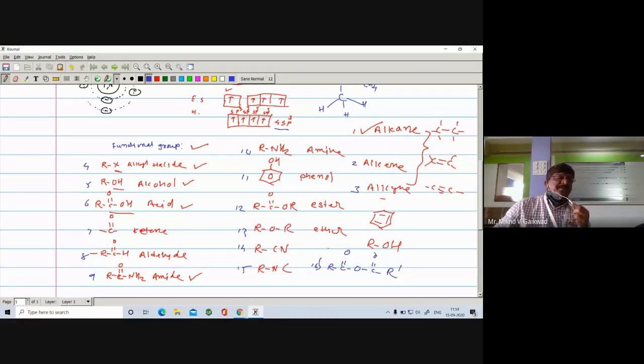Today we have seen the definition of organic chemistry, organic compound, electronic configuration, and the functional group and their examples. Everyone should know the examples of functional groups, their names and structures, and then we'll go for nomenclature, how to write their names.